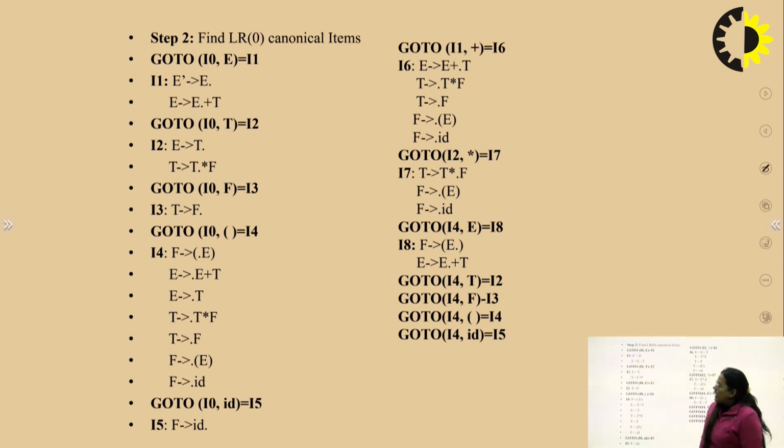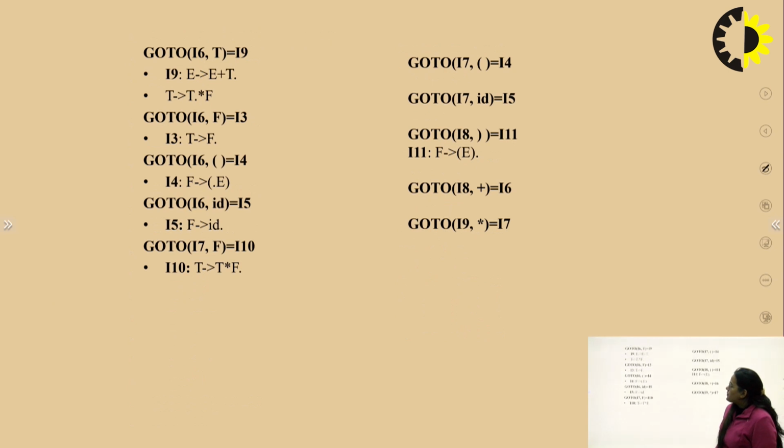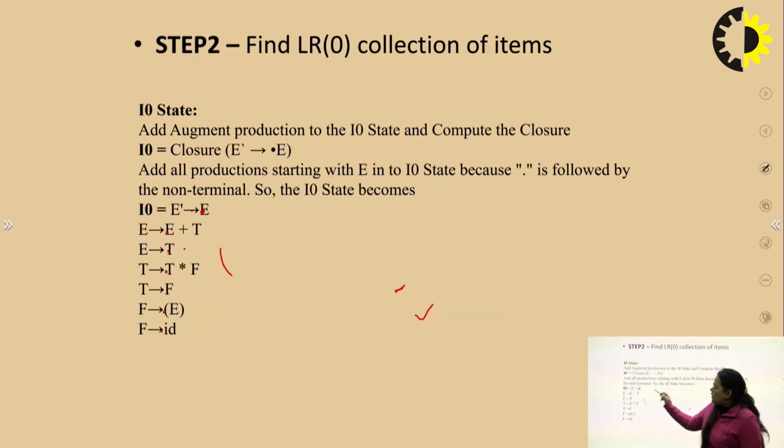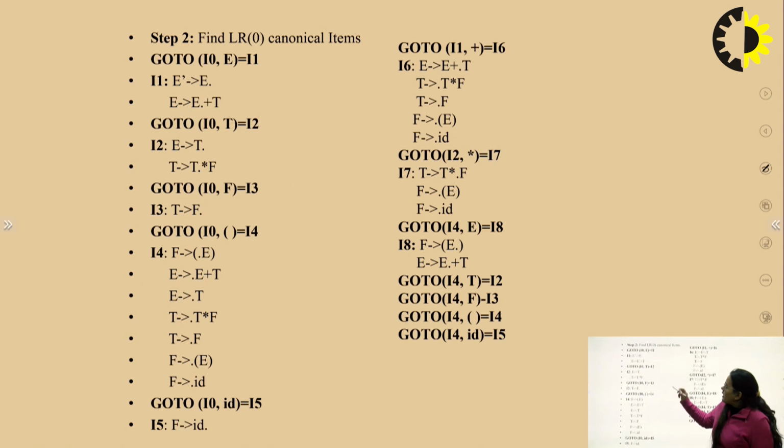Now, the next step is the LR0 canonical items. First of all, we find the go to of I naught comma E, which is equal to I1.